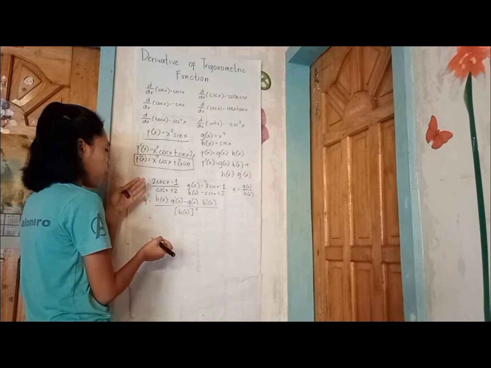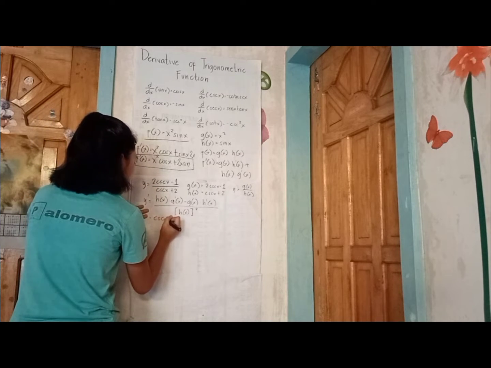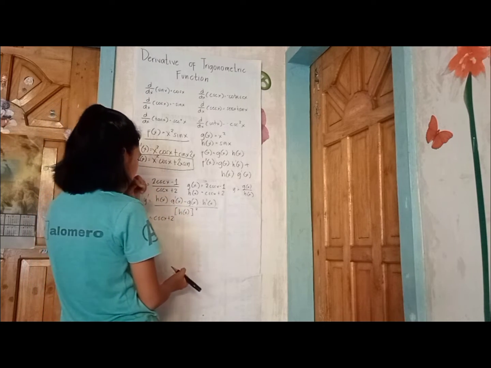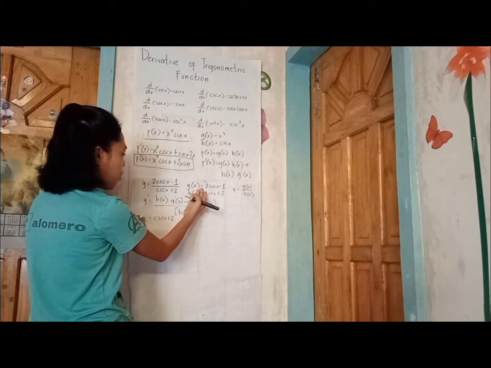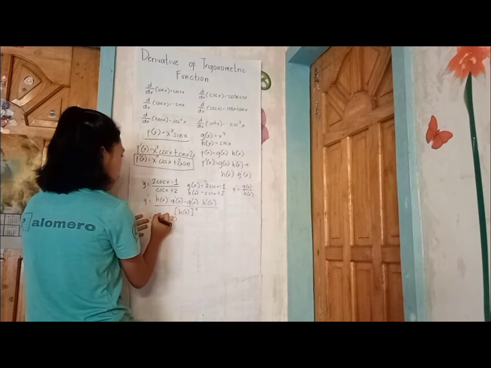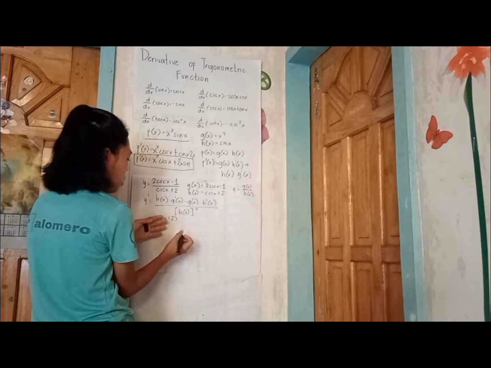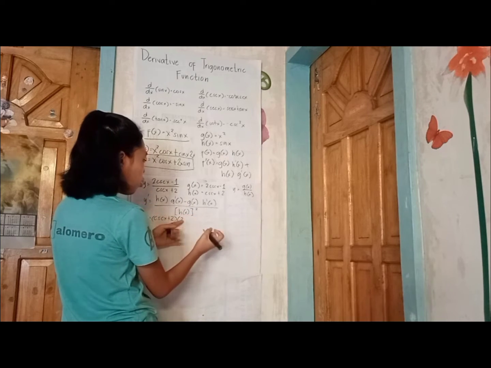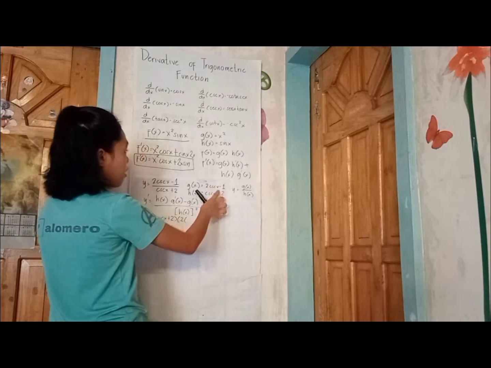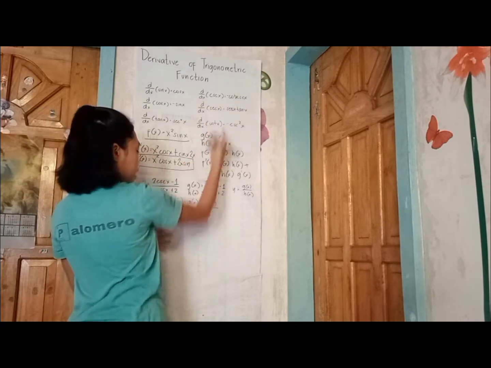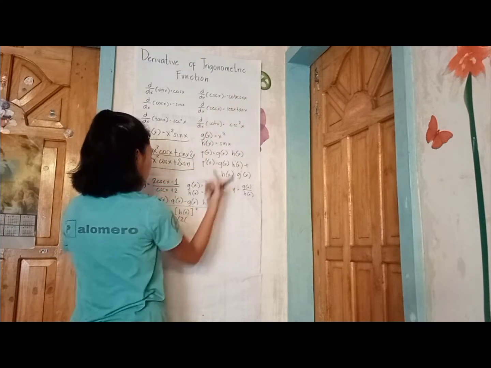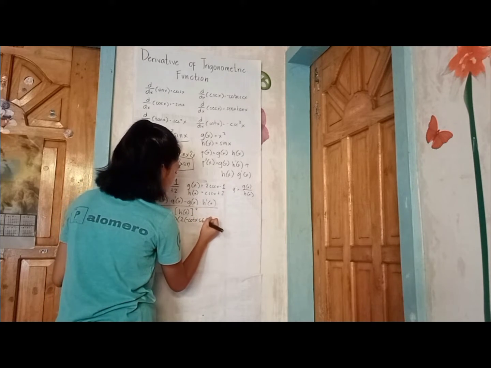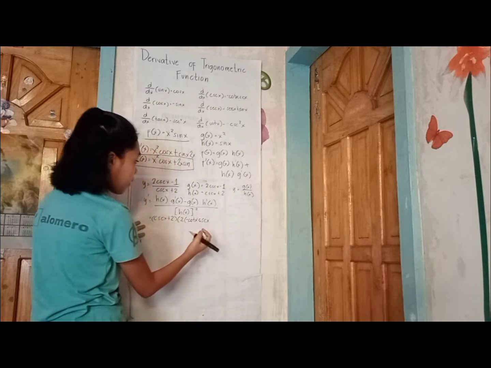H of x, which is our denominator, cosecant x plus 2, multiplied to g prime of x, where g of x is 2 cosecant x minus 1. So g prime of x is 2 times the derivative of cosecant x, which is negative cotangent x cosecant x.